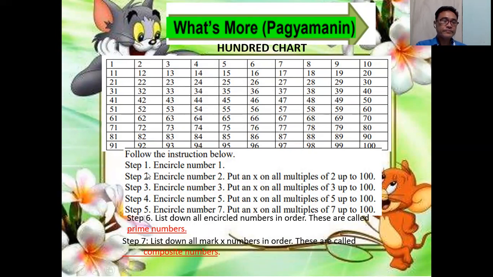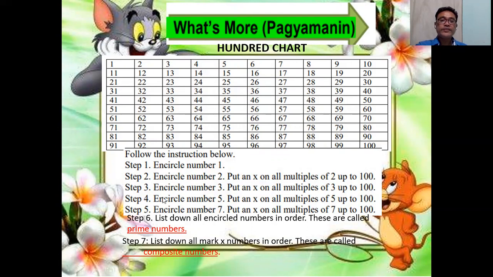Step 1, encircle number 1. Step 2, encircle number 2. Put an X on all multiples of 2 up to 100.